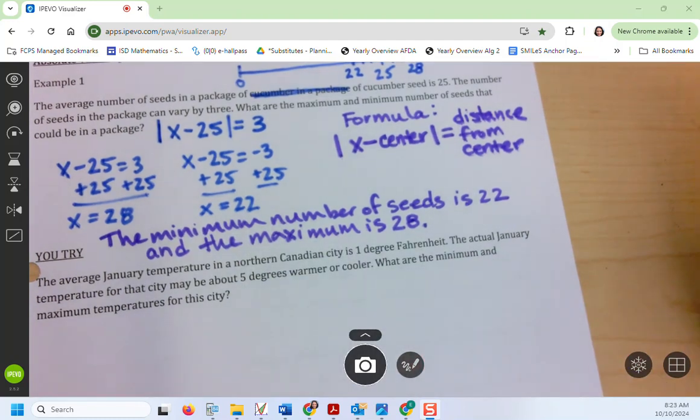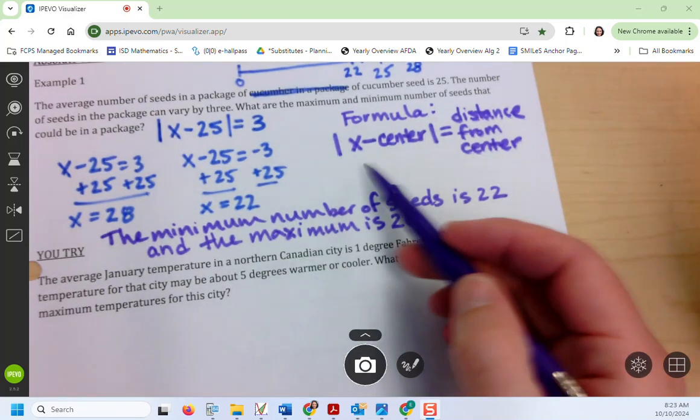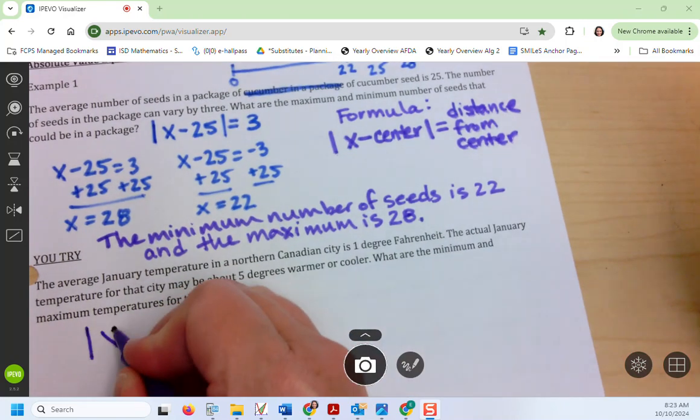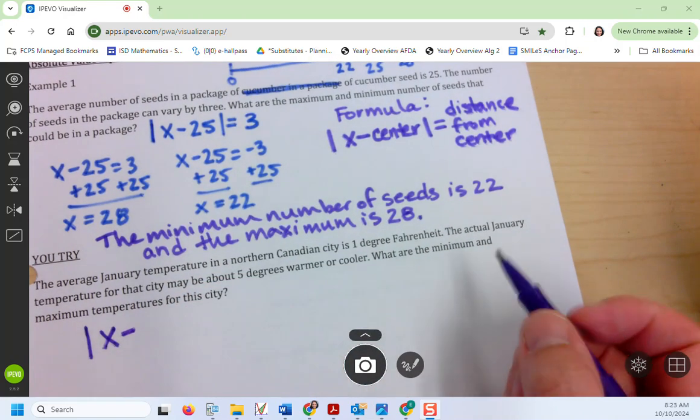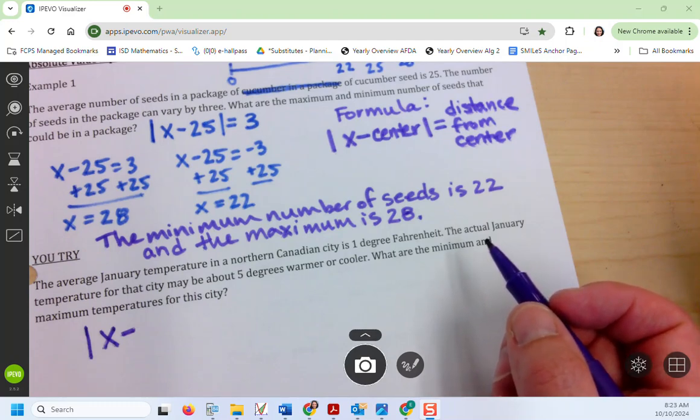All right, guys, let's see how you did. So if we use the formula, x minus center equals the distance from the center, then we'll start with absolute value x minus, what's the center? Anybody else get 1 for the center? Good.